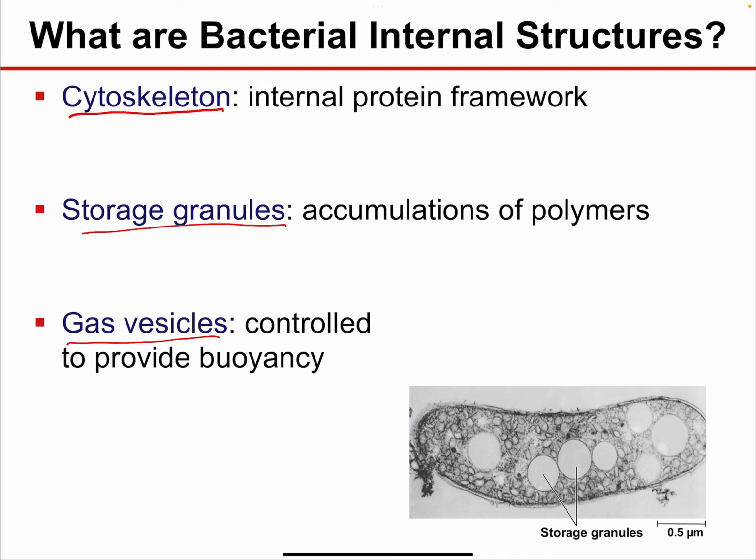Whenever the cell needs to become heavy and dense, it's going to get rid of the gas vesicles. When the cell wants to be light, it's going to increase the amount of gas vacuoles in it so that it becomes overall light, just almost like submarines, right?